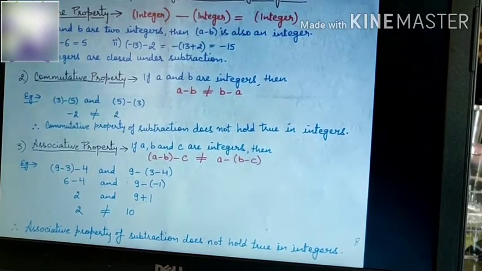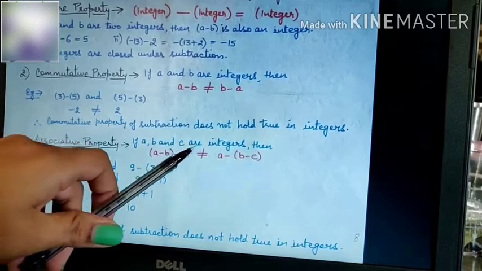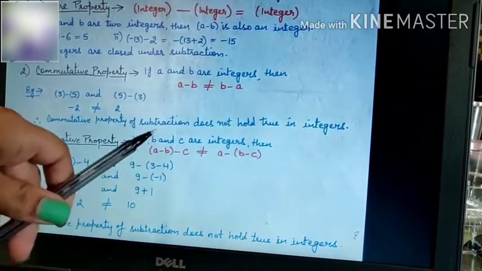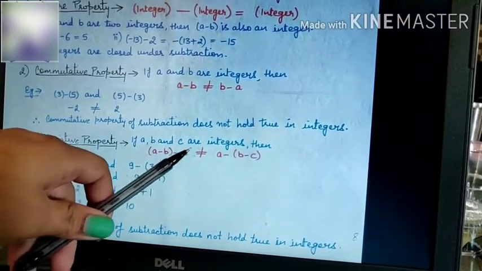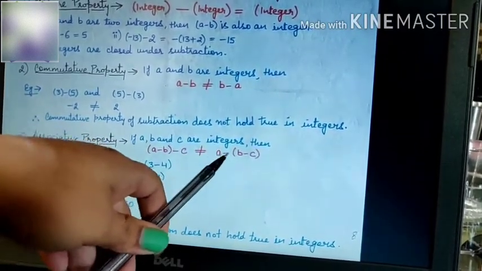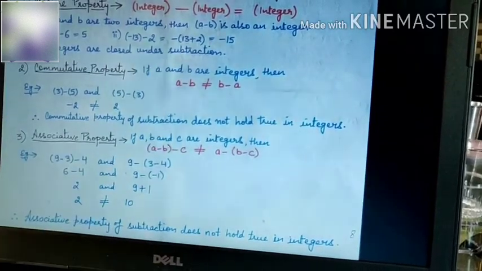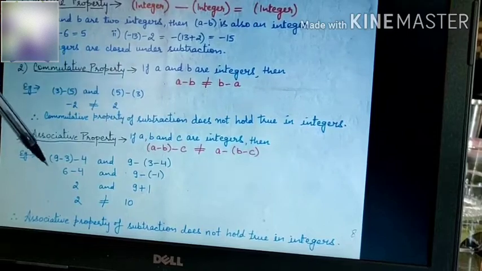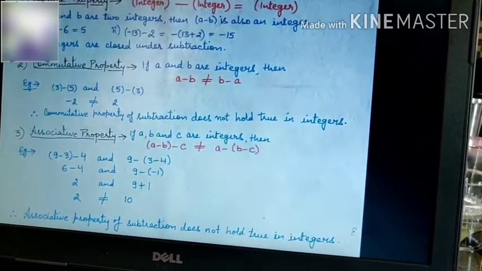Next property is associative property. If a, b and c are integers, then a minus b taken in bracket, from this if we subtract the third integer, it will not be equal to a minus difference of b and c. Right? See with an example, I have taken value of a 9, b equals to 3 and c equals to 4.